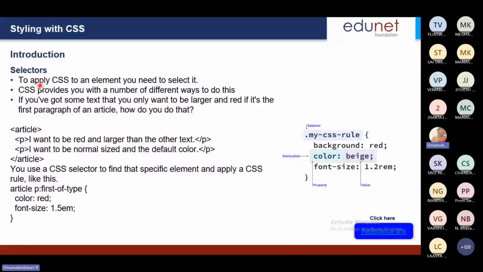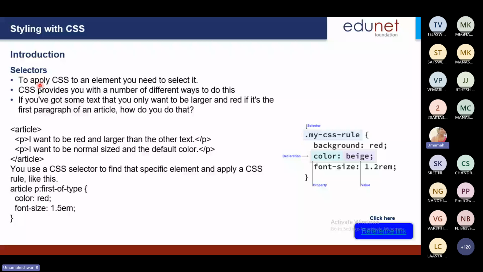If I'm not selecting my name, which is in the document, I'm simply selecting that colors. Will it apply? No, right? The same way here also, we need to select the element, and then again, we can mention the properties which we are going to give it to the content.